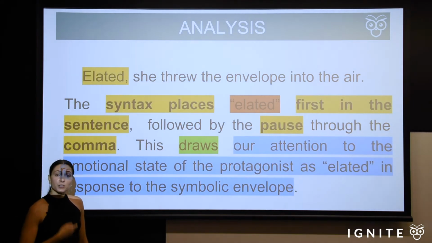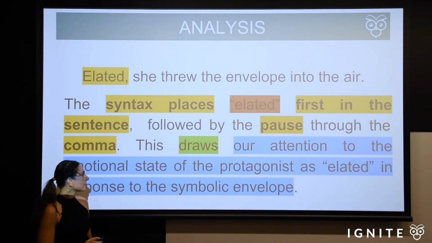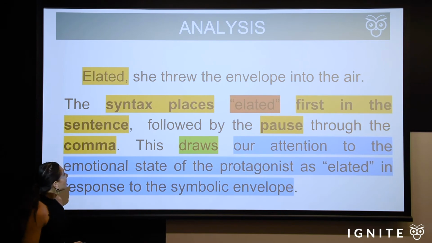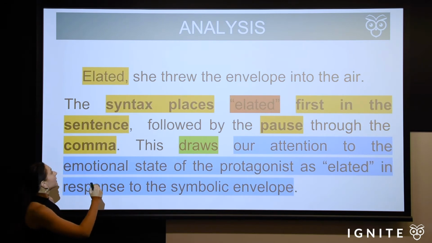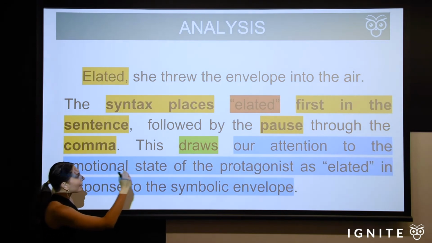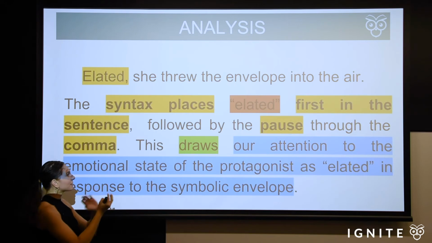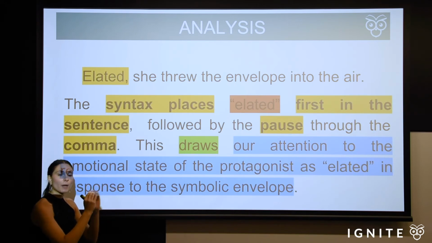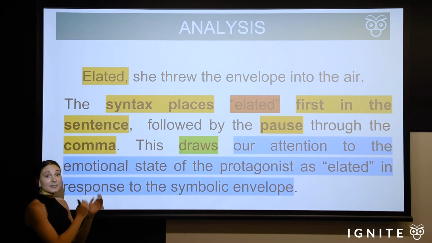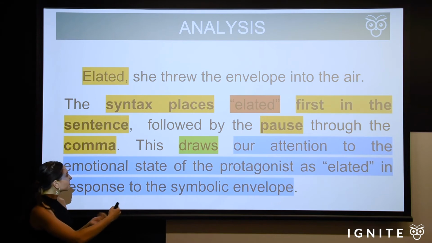If you wanted to comment on the syntax here, this is what you would do. In response to the quote, the syntax places elated first in the sentence, followed by the pause through the comma. Notice how we haven't just said syntax. We've actually described specifically how the syntax is playing out within the sentence.